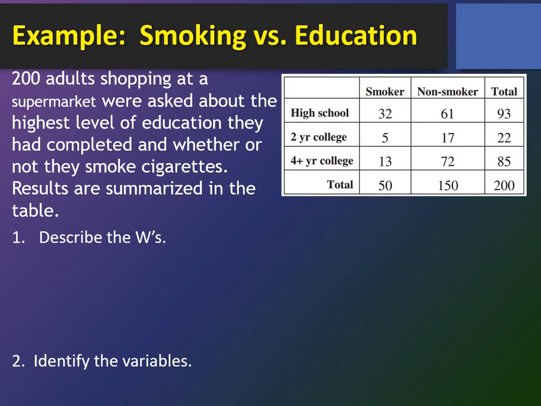I'm not going to ask them if they smoke and what their education level was if I just kind of, I don't know, want to meet new people. It'd be a very interesting way to meet new people. Please don't try that. Okay? Better choices. Who, what, when, where, why, and how. How is that data collected? What do we call that? A survey.